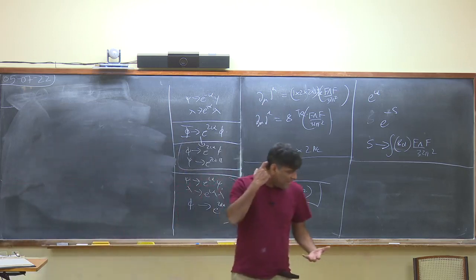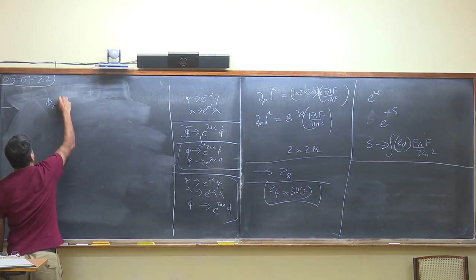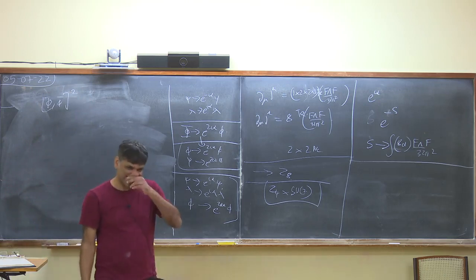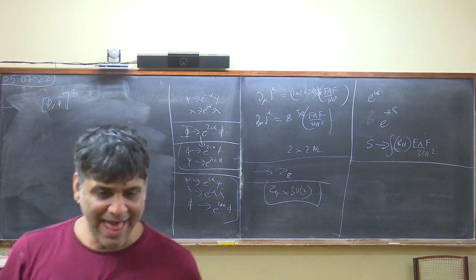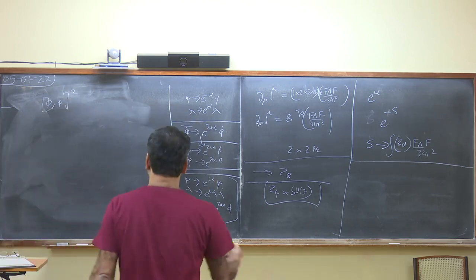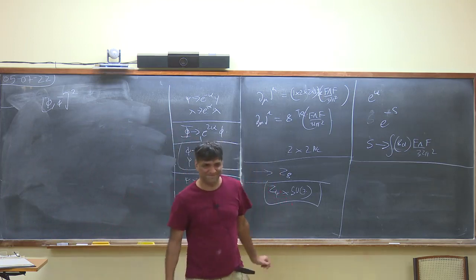Classically, the potential was given by phi bar mod square. Okay? And we also realized that because of N equals 2 supersymmetry, this was purely from the D term.